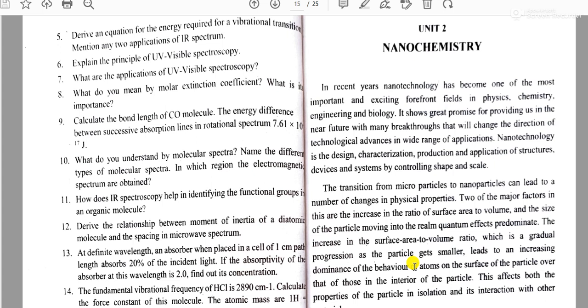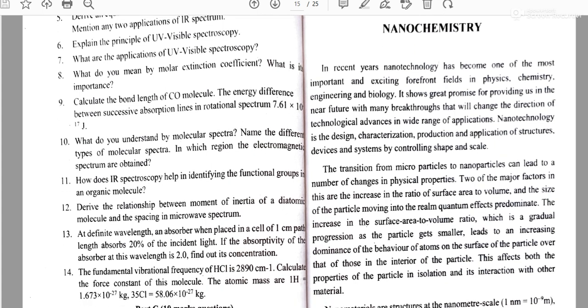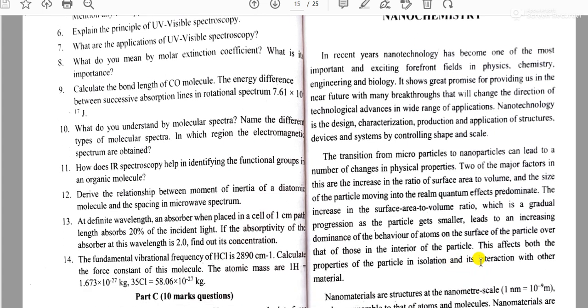So this affects both the properties of the particle in isolation and its interaction with other material. We know that if the number of free atoms on the surface is greater, the surface energy of that nanoparticle will be very high. This will affect many of its properties, including its interaction with other materials.